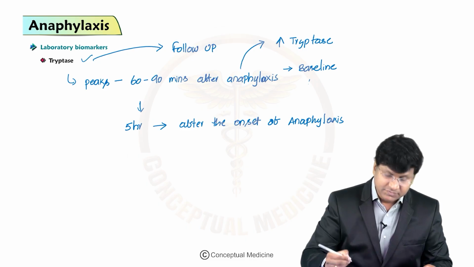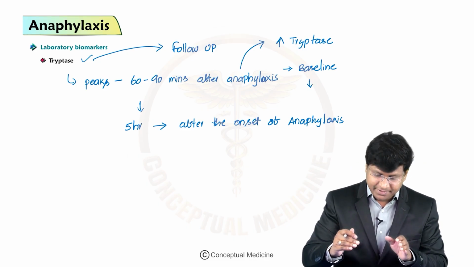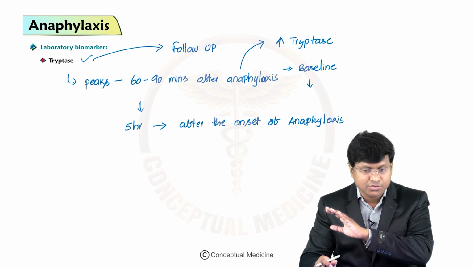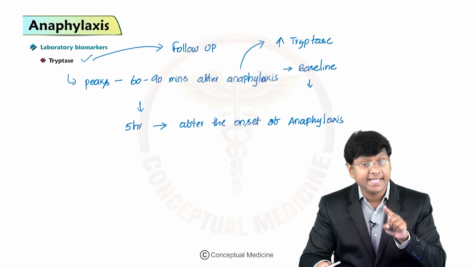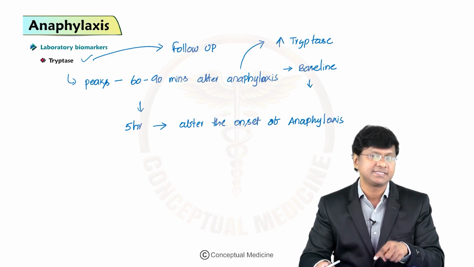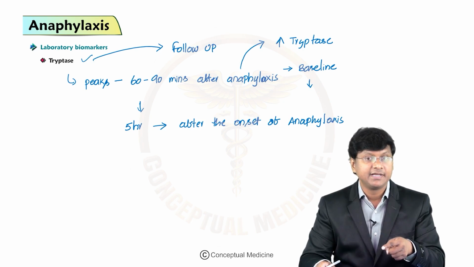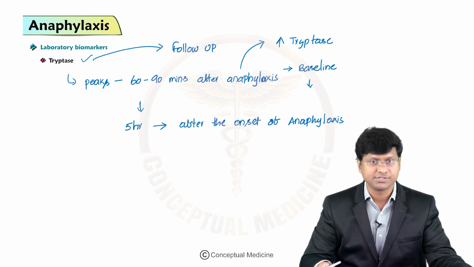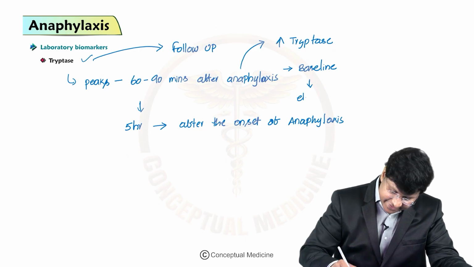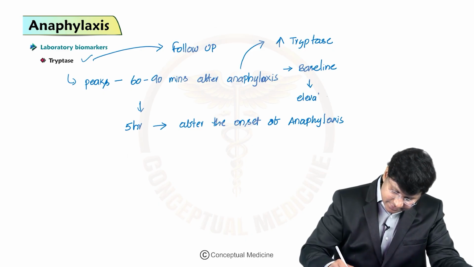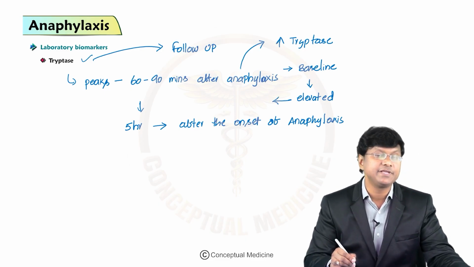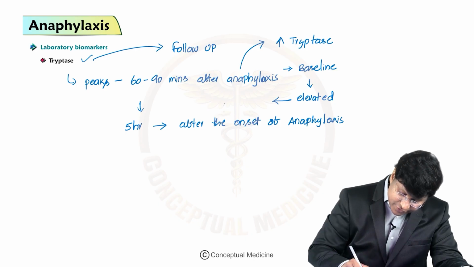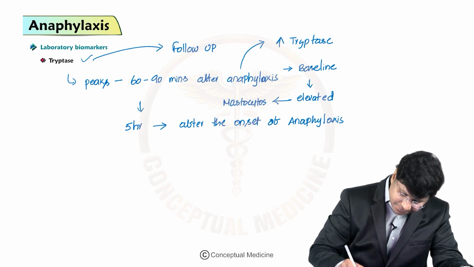If the baseline is elevated, that means the individual is not having any anaphylactic episode, yet an elevated baseline tryptase level may warrant further workup for mastocytosis. That tells you the individual might be suffering from mastocytosis.